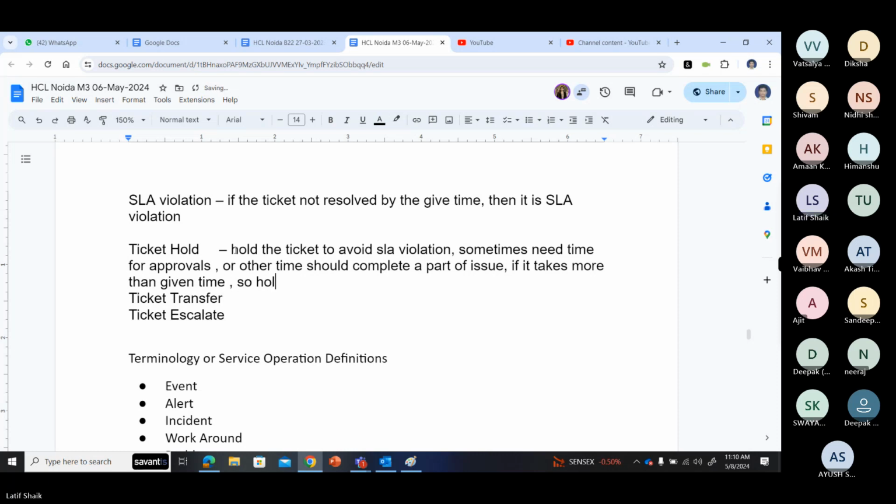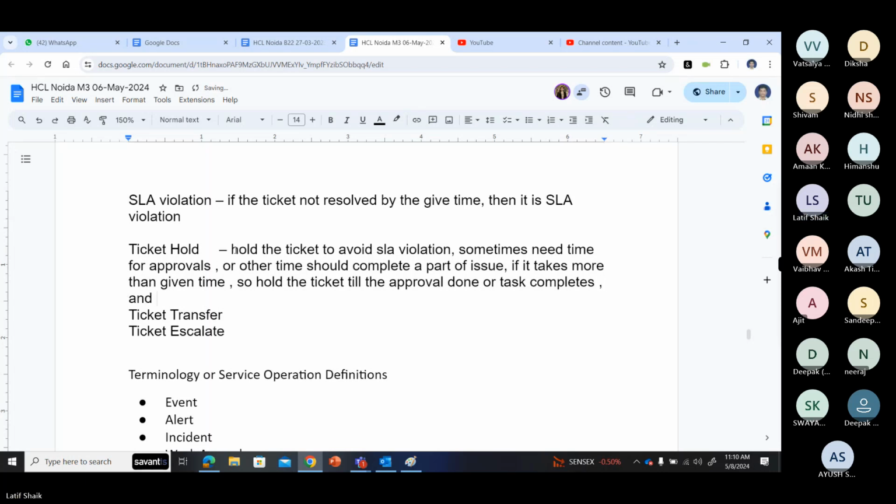So hold the ticket till the approvals are done or the task is completed by the other team, and unhold the ticket to proceed.